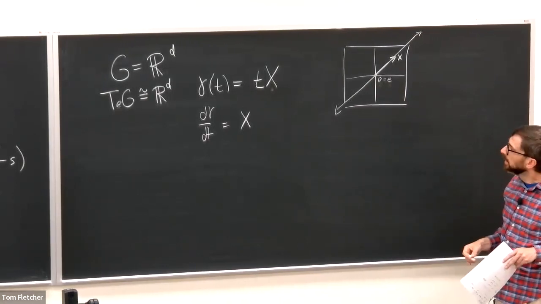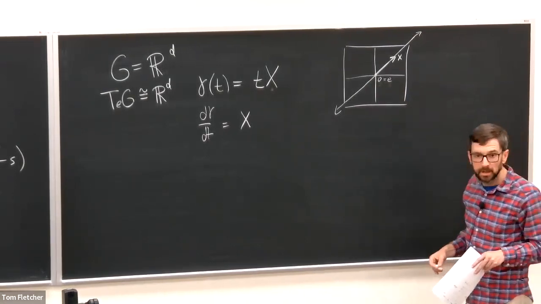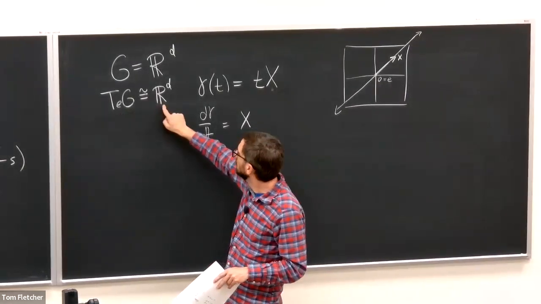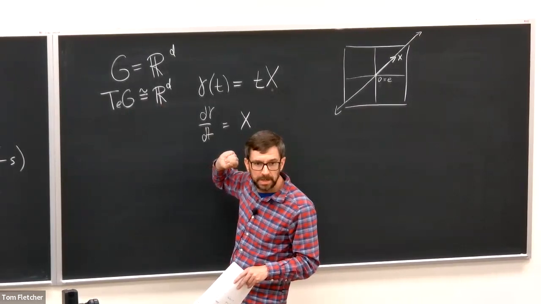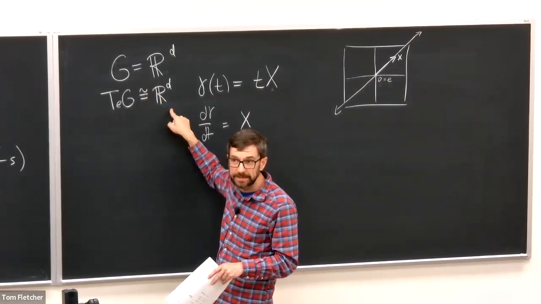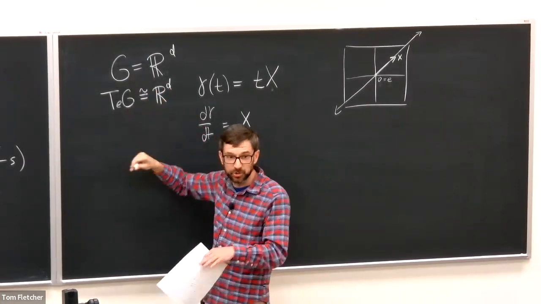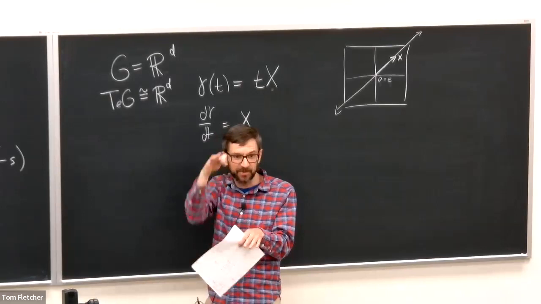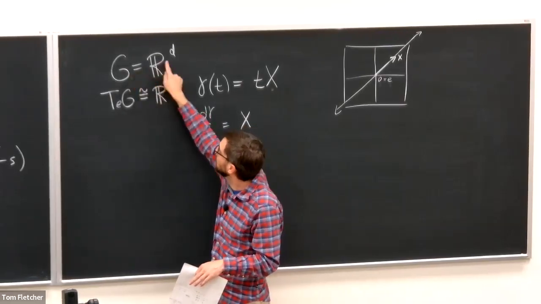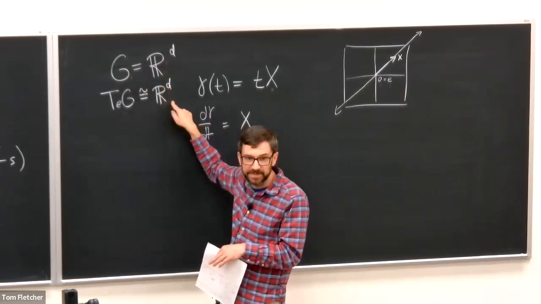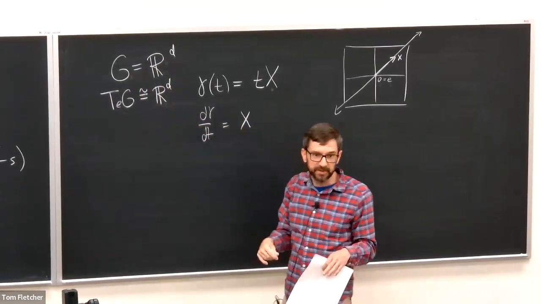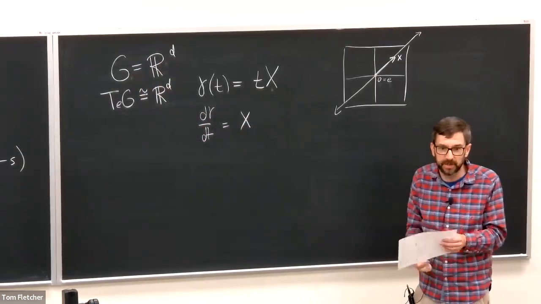The tangent space of G is equal in dimension to R^D? Yeah, this means equivalent as a space. Technically G and T_E G are two different spaces. Like a sphere, for example, and its tangent space are not the same space. Technically our manifold is not the same as the tangent space at a point, but it is the same type of vector space, a d-dimensional real vector space.